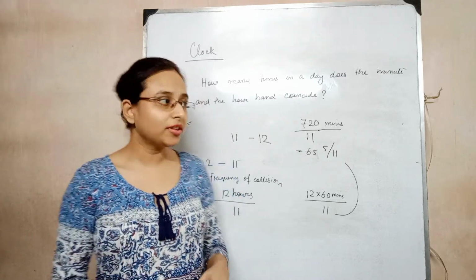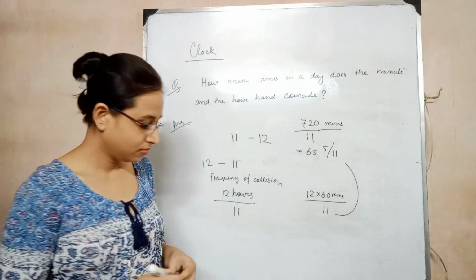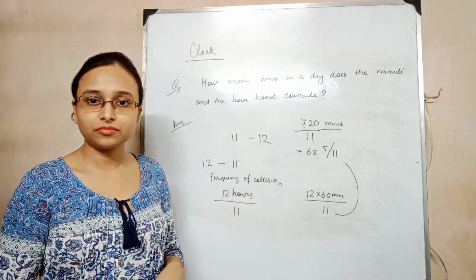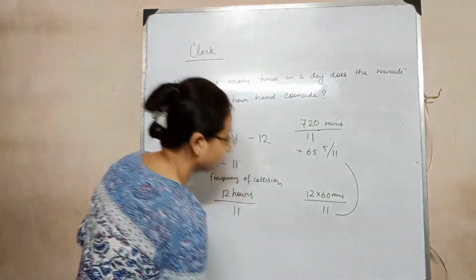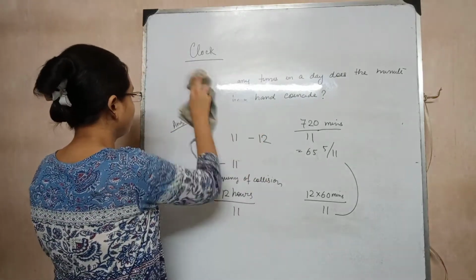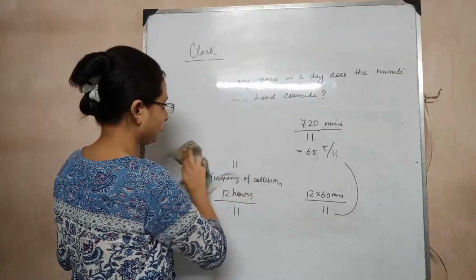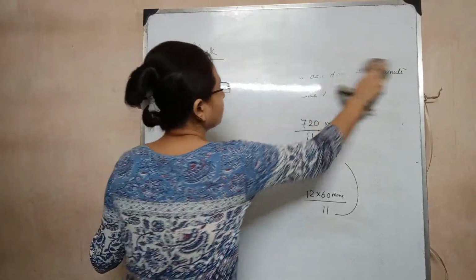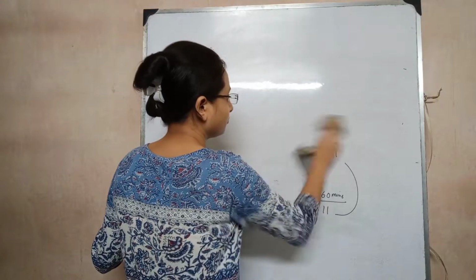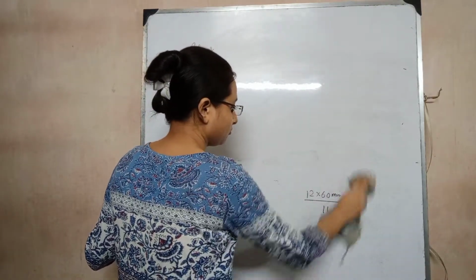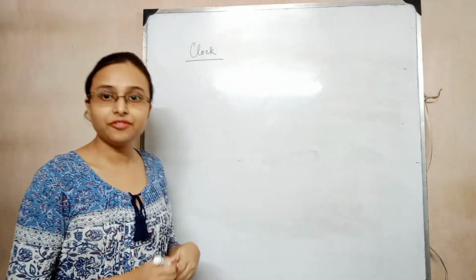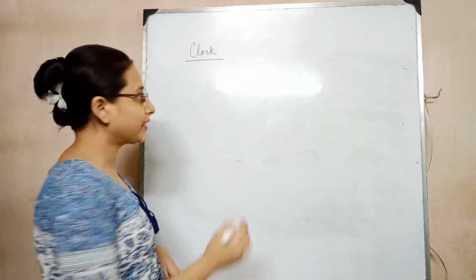Before that, I will erase this. You can just take a snap so that I can erase it properly. I'm starting the table with frequency of the collision and exact time.